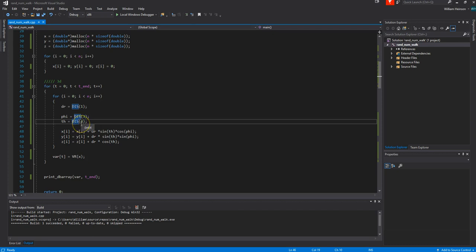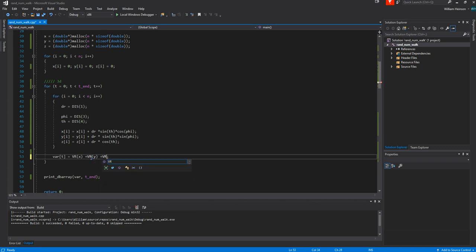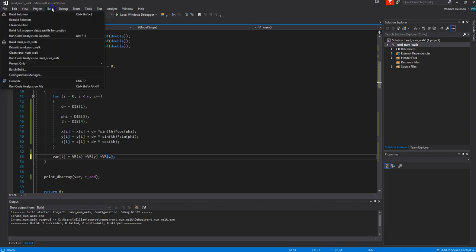But people did it all different ways. It's fine. And the variance is the sum of the 3 variances because they're independent axes. So I just find the variance of x, then the variance of y plus the variance in z, and then I'm just going to print the array.